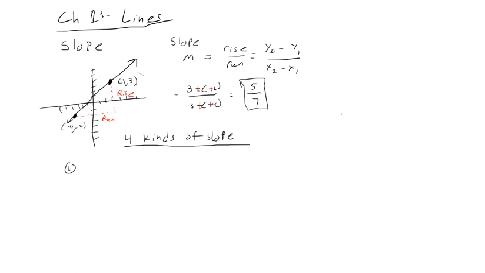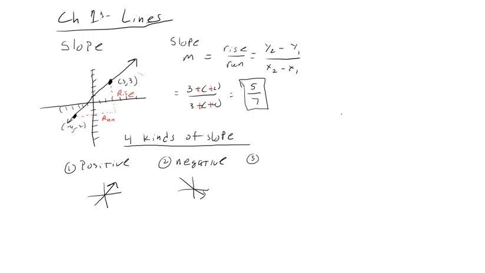There is positive, and that is a slope that is going up to the right. Negative slope, and that is down to the right.